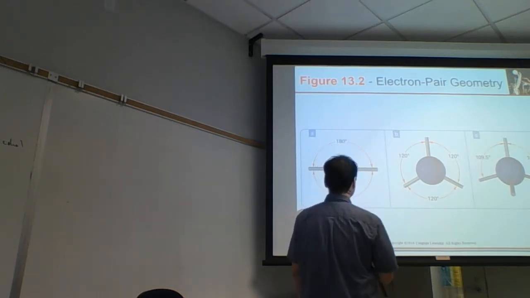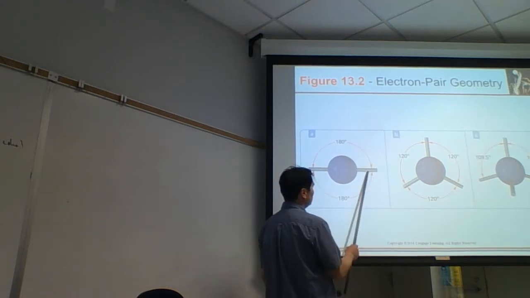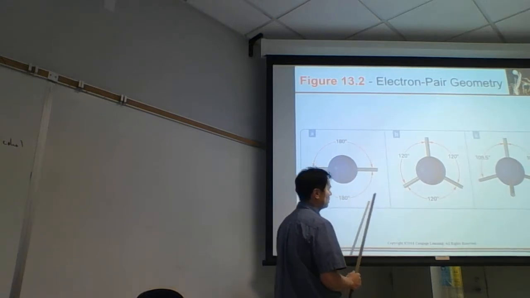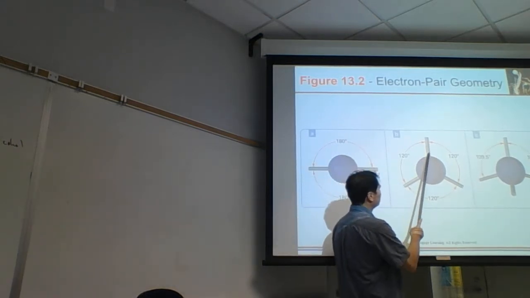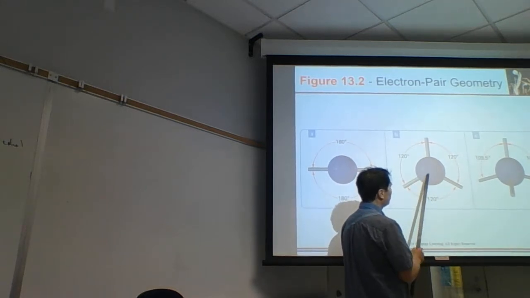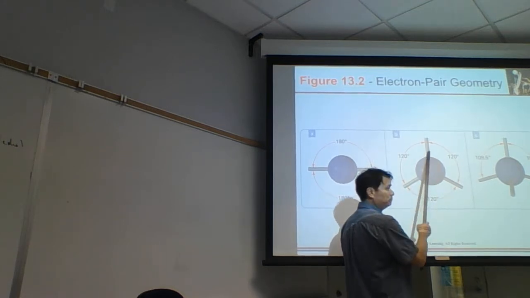Anyway, just visualize these as groups. And so if I have two groups of electrons, they want to get as far apart from each other as possible, that would be 180 degrees apart. That would be as far apart as you can get. Now, if I put a third group of electrons in there, in order to maximize the distance between three groups, they'll have to adopt this geometry. You know what we call this geometry here?